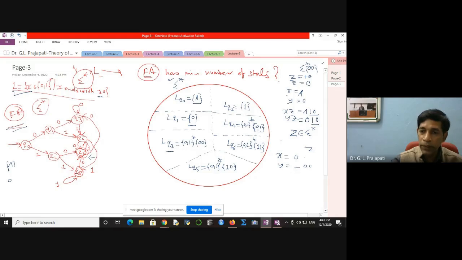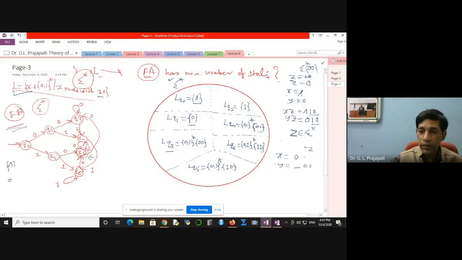If z ends in 11, then xz is not in the language and yz also is not. If z ends in 01, then neither xz nor yz is in the language. If z is 1, then xz is 01 and yz is 001, not in the language.